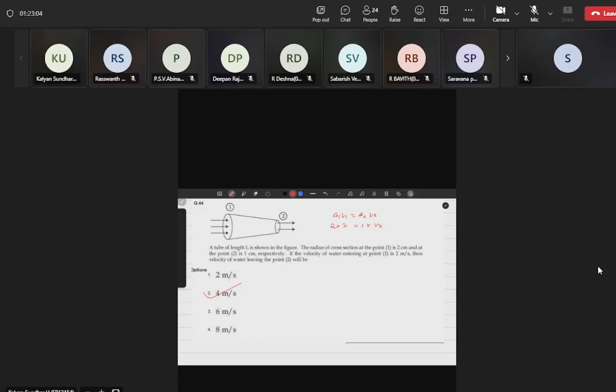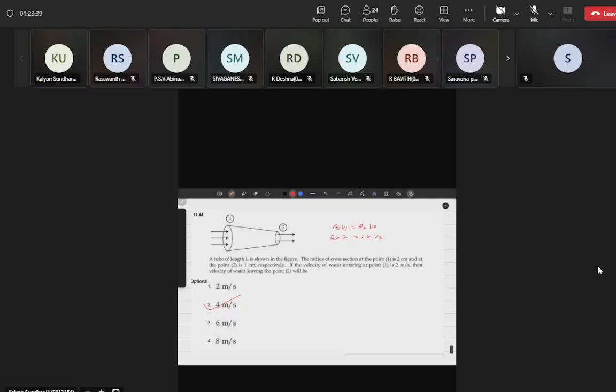Sir, radius of cross section is given as 2, so area will be pi R square, not 2 square. So they haven't given the area, they have given the radius here.